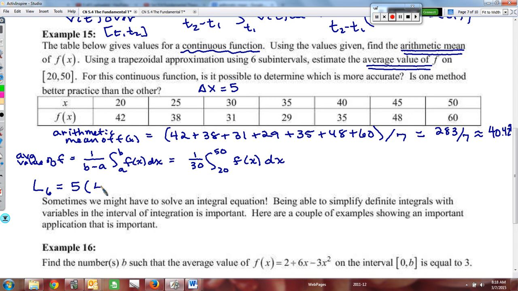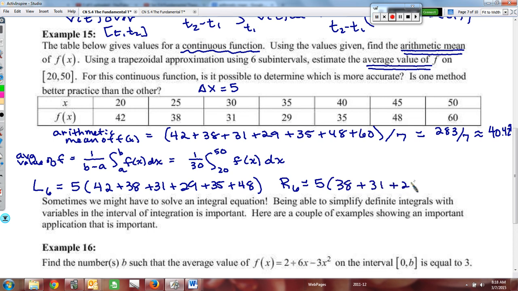So I'd start over here, 42, 38, 31, 29, 35, and 48. My right sum, delta x is 5. Now I use my right endpoint heights. So that would be my 38 plus 31 plus 29, 35, 48, and 60.